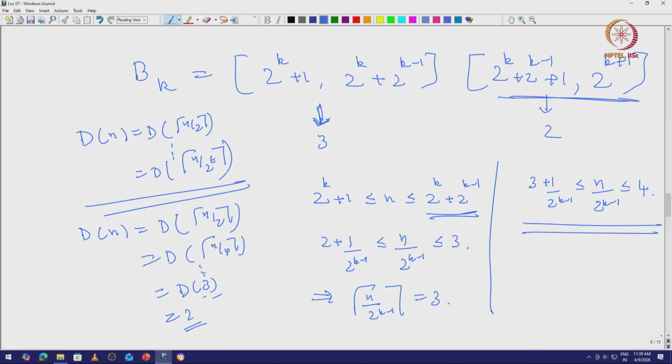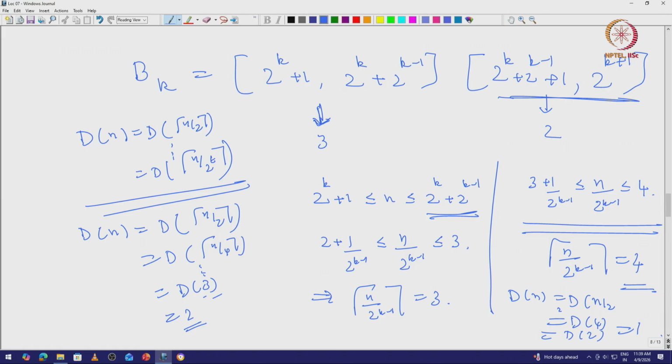Therefore, after k minus 1 iteration, ceil of n by 2 power k minus 1 equal to 4. Therefore, in this case, D of n equal to D of n by 2, it comes to D of 4, which is equal to D of 2, and D of 2 is 1.